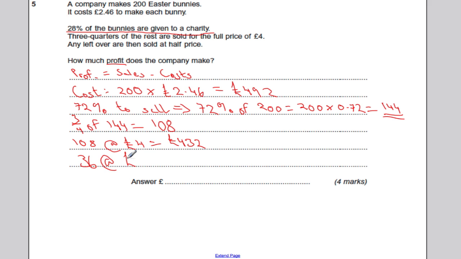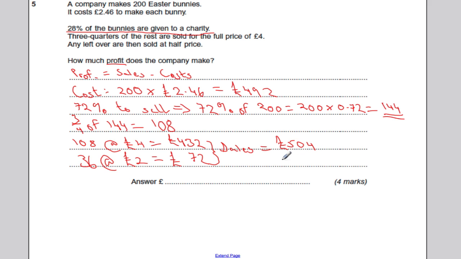So that's £2 each. 36 times by 2 gives us 72. So that's £72. Okay, so we're going to add these two numbers to get the sales. So sales equals 432 plus the 72 gives us 504.